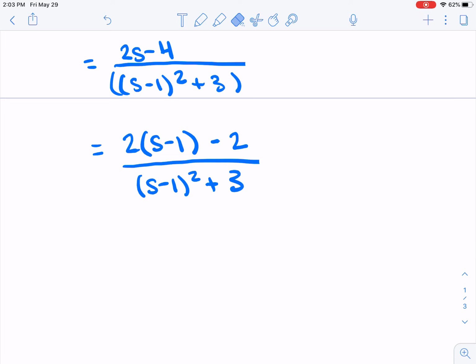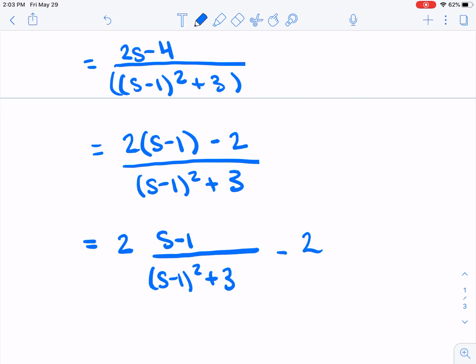So now I can write this as 2 times s minus 1 over s minus 1 squared plus 3, minus 2 times 1 over s minus 1 squared plus 3. And this isn't quite right.